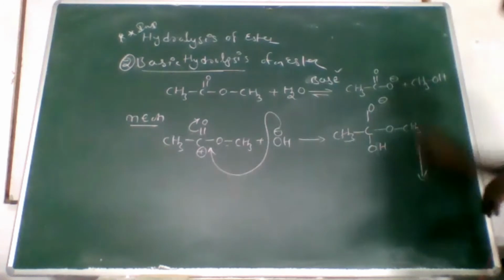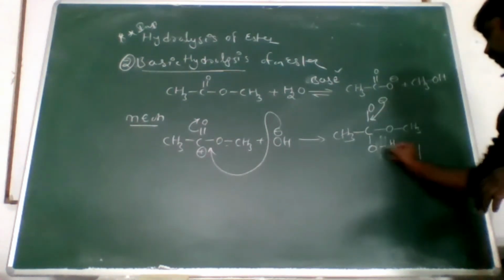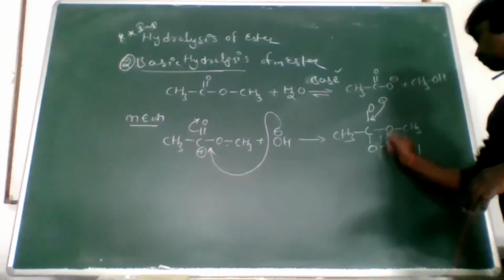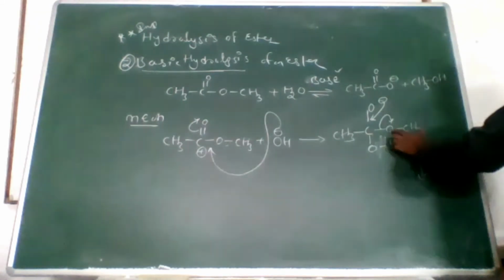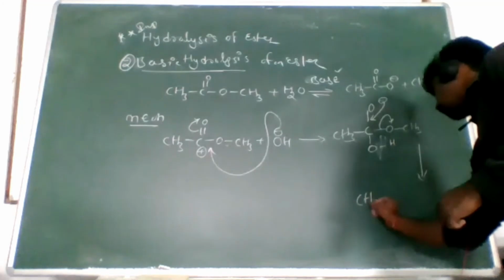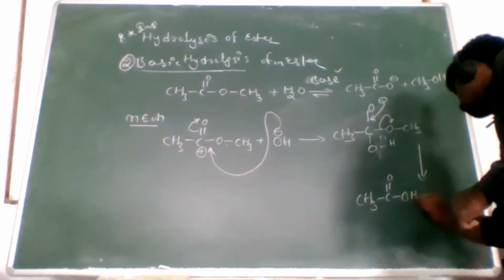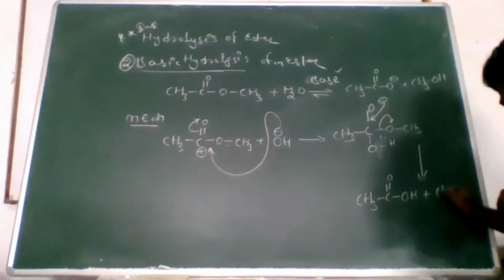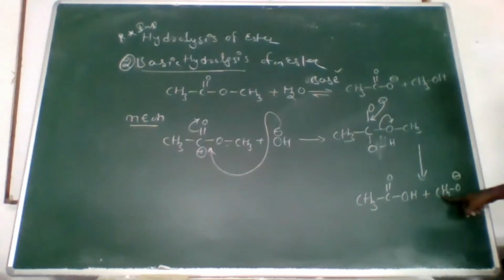Next step, the electrons of the carbon-oxygen bond shift to the oxygen side. What remains is CH3 C double bond O, OH, and CH3 O minus, the methoxide ion, which is negatively charged.